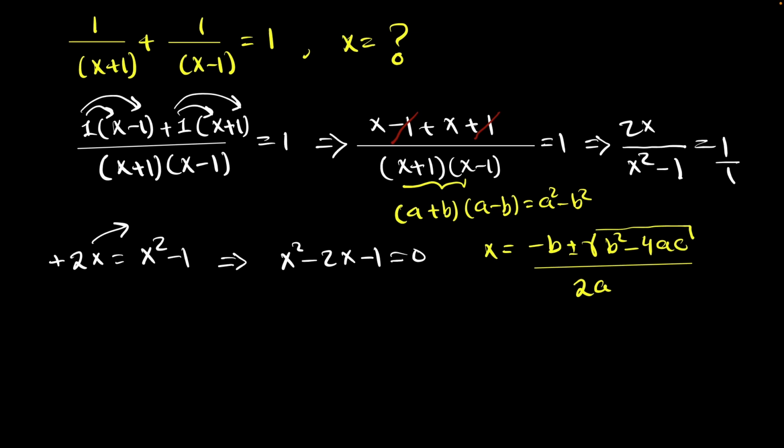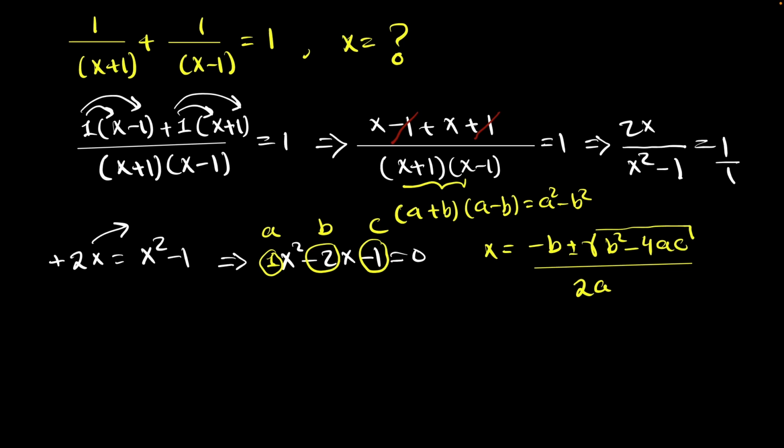Here the coefficient of x squared is 1, which is our a, the coefficient of x is minus 2, which is our b, and the constant is minus 1, which is our c. So let's plug into the formula and solve the question.